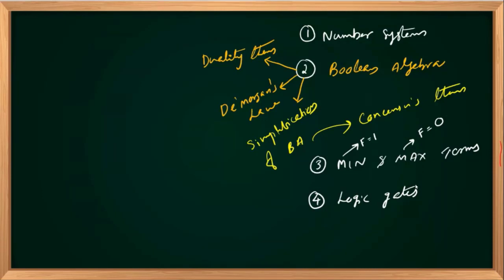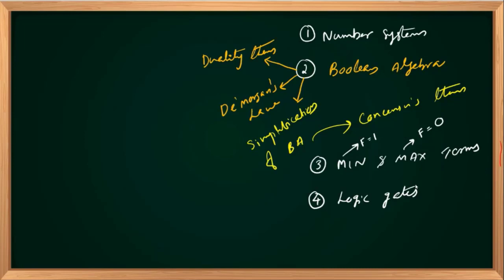Then we will be discussing identifying the output function of a given logic gate diagram and the minimum number of logic gates required to implement a particular Boolean function.